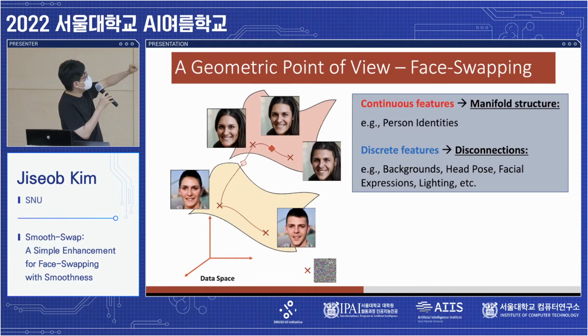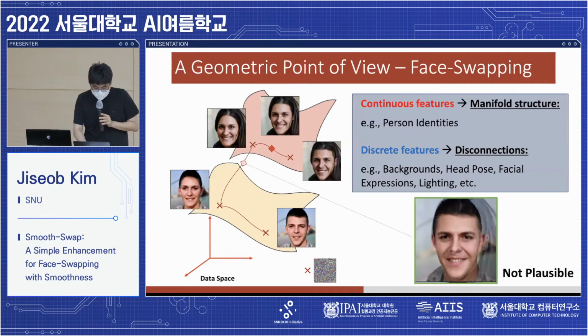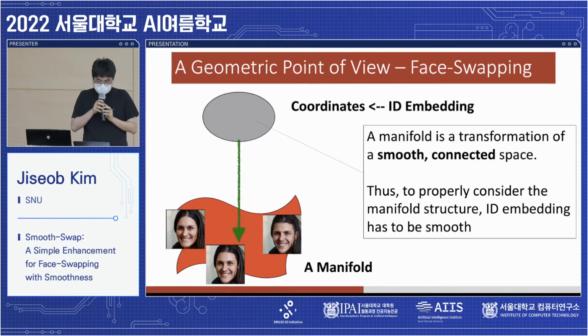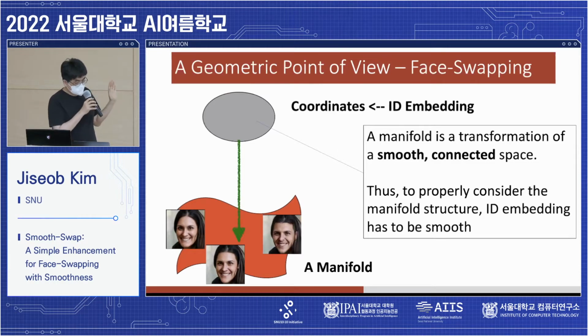Which means that when we interpolate these two identities, we always have a continuous curve in between, and the rest of the features are discrete.